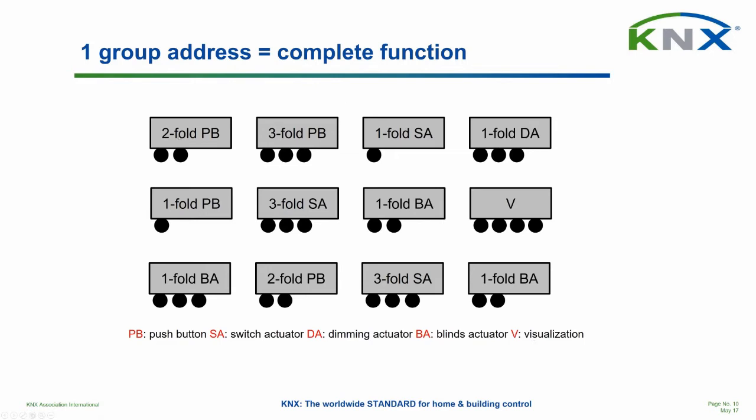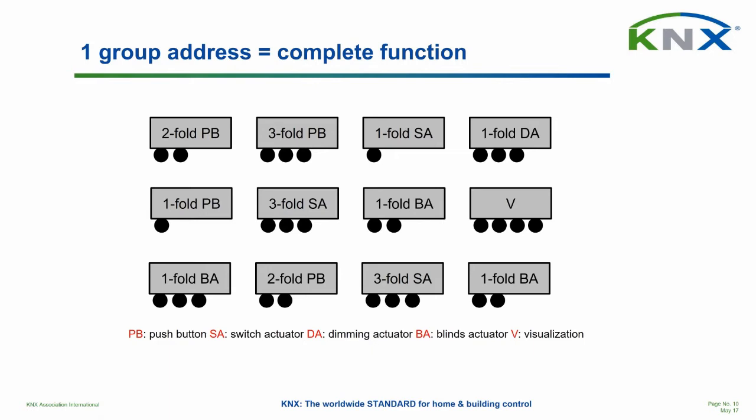So we have a 2-fold push button, 3-fold, 1-fold switch actuator, 1-fold dimming actuator, and so on. So you can clearly see what we have in this KNX installation.